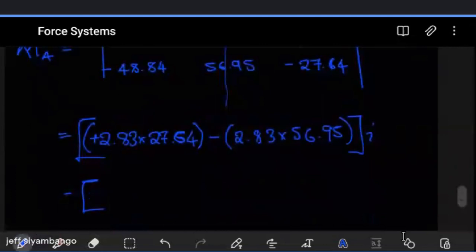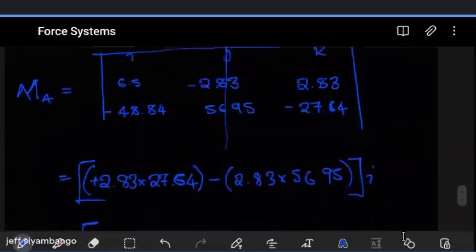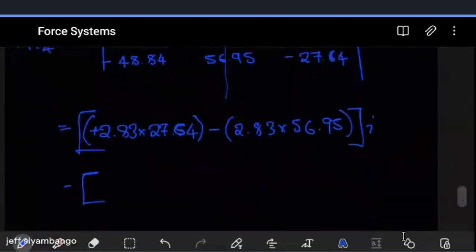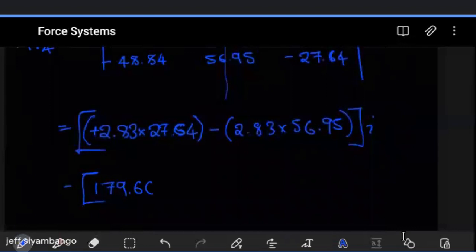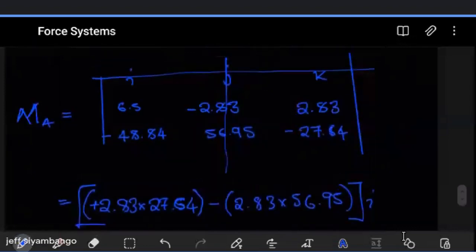Instead of me doing this, you can multiply them for me. 6.5 multiplying negative 27.64. What are you getting? 179.66. Then minus, this is negative, right? Because this is negative 27.